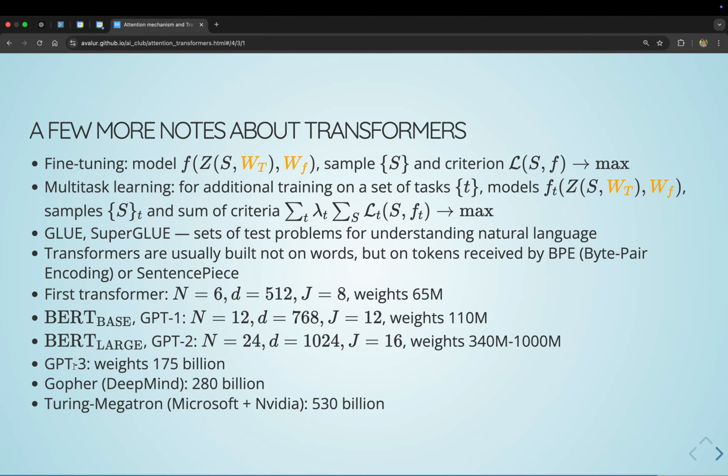GPT is a general purpose pre-trained transformer, and actually this is only the decoder of the transformer model. So if BERT is only the encoder, then GPT is only the decoder. For example, GPT-3 already has hundreds of billions of weights, very huge.